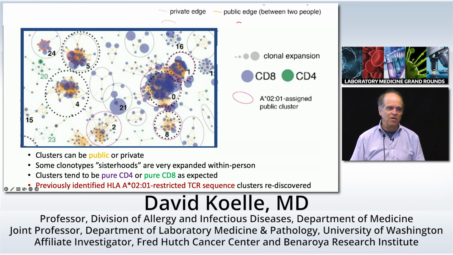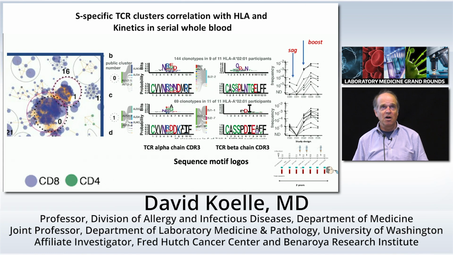So we thought that was a fairly good reality check. But in addition to finding 1 and 2, we found a ton of other ones. Focusing on 0 and 1, these ones that were previously known, let's now look, and each line is a human, at the summary abundance of T cells in that cluster over time.